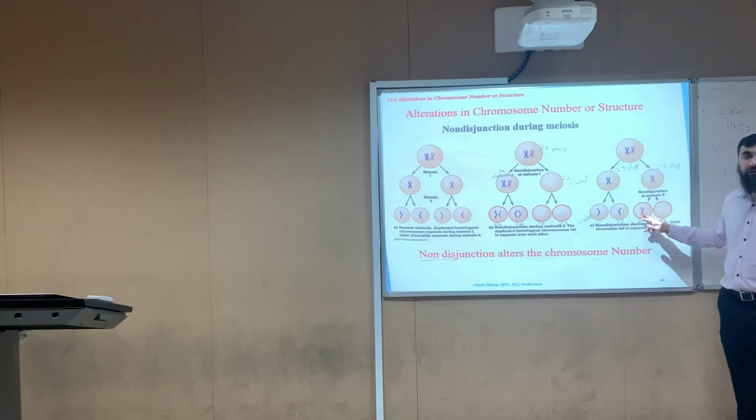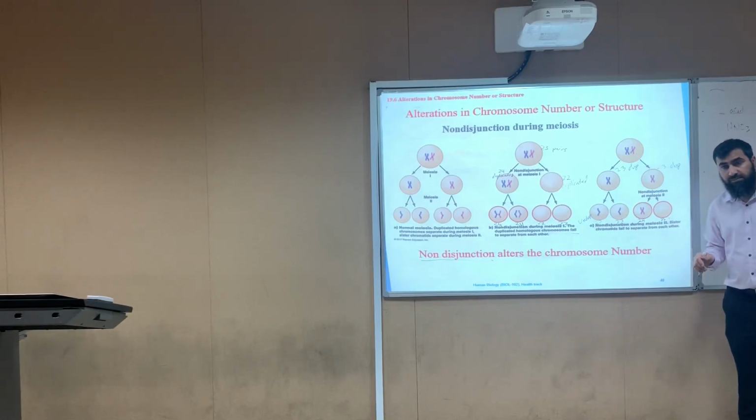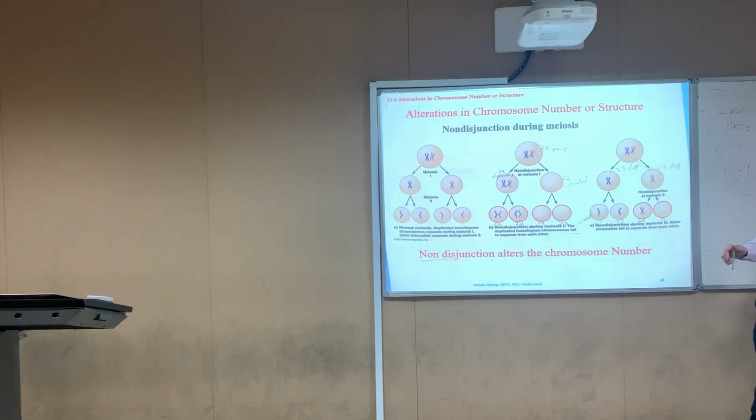If it's fertilized, 23 unduplicated and one of them duplicated. Normally you should end up with 24, because one of them failed to separate.